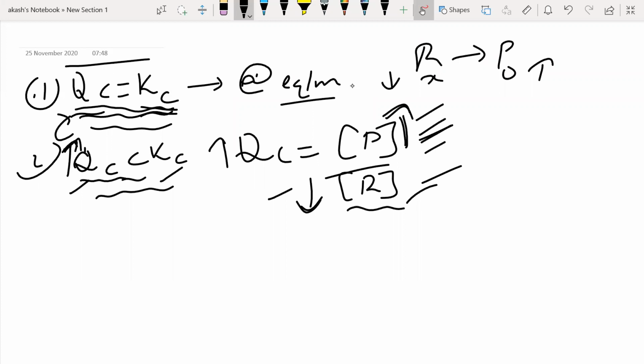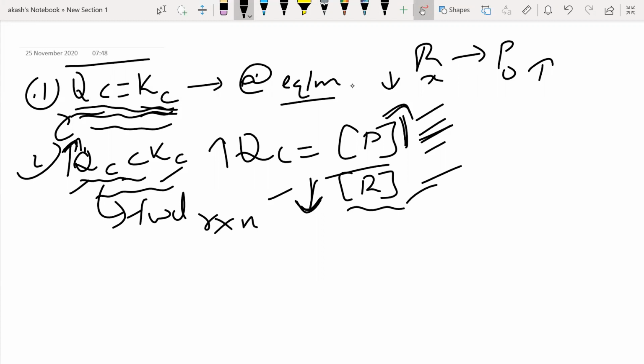So obviously the product concentration keeps on increasing. More and more product has to be formed and the reactant concentration has to decrease. That means the reactants have to keep on getting consumed. So in what direction will this happen? This will happen only if the reaction moves forward. Right.